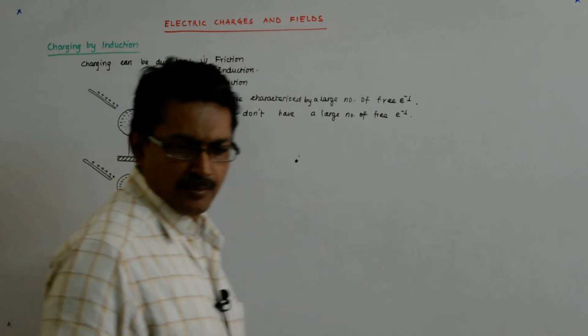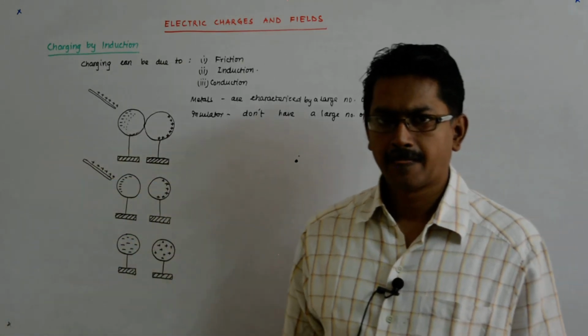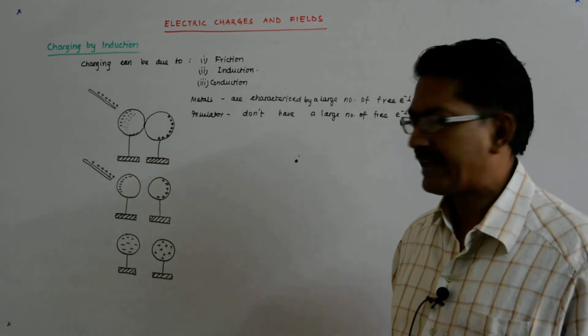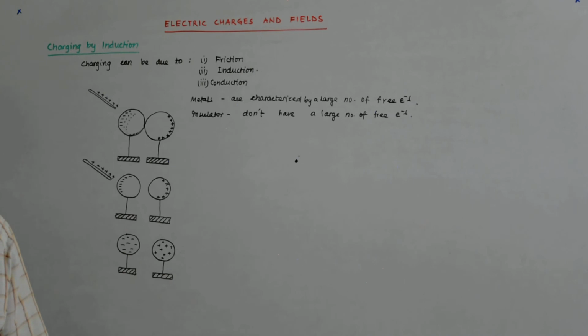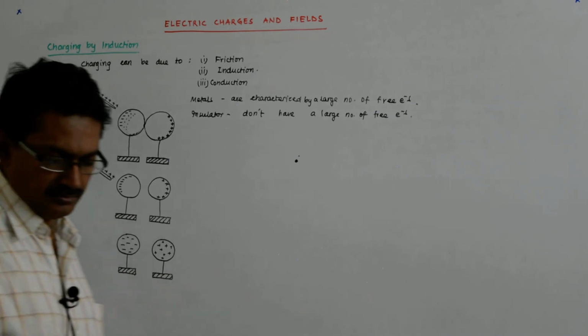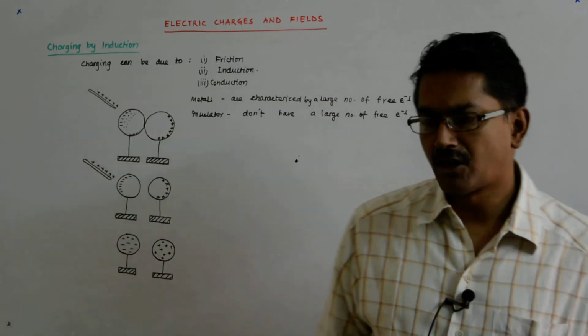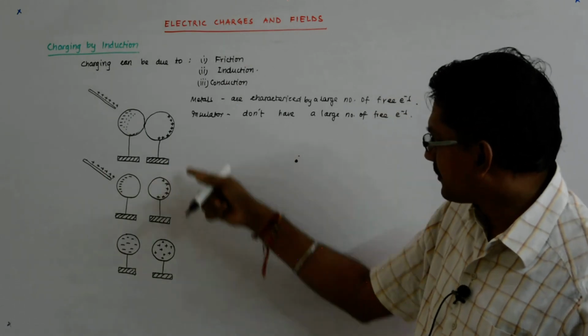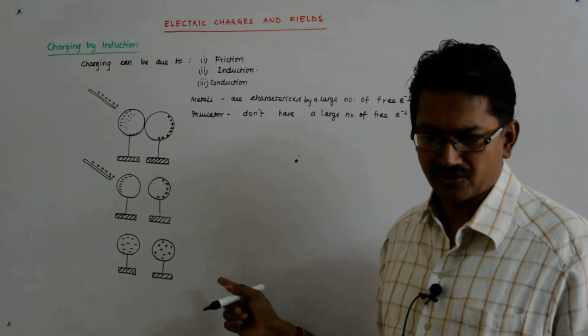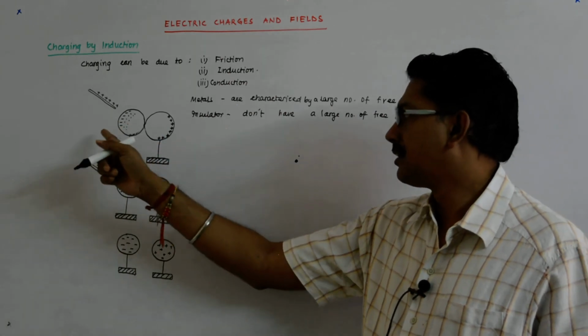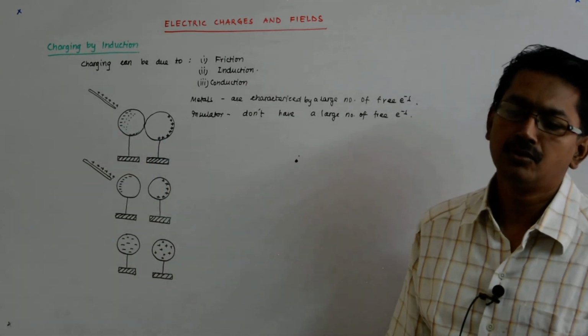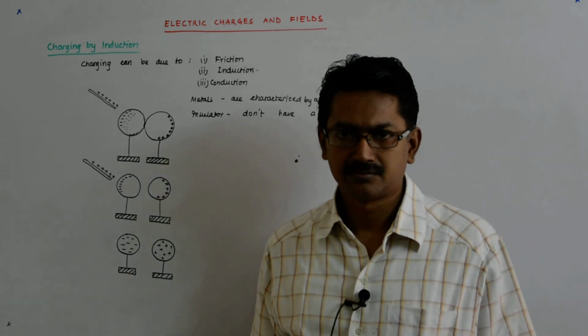So you see what has happened? We have not touched. We have not had any friction. And we have been able to charge both these metal spheres oppositely, just by holding a charged rod near the two metal spheres. Right?